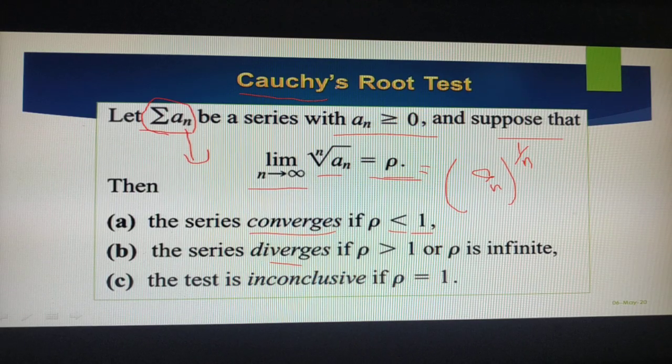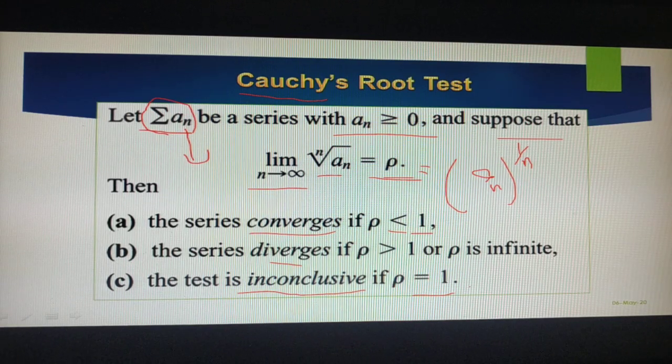This particular Cauchy's test fails if your limit value is equal to 1. If your limit is 1, then this test will not give any information for us. We can call it inconclusive, or simply say the test fails if rho is equal to 1. Here rho means the limit.